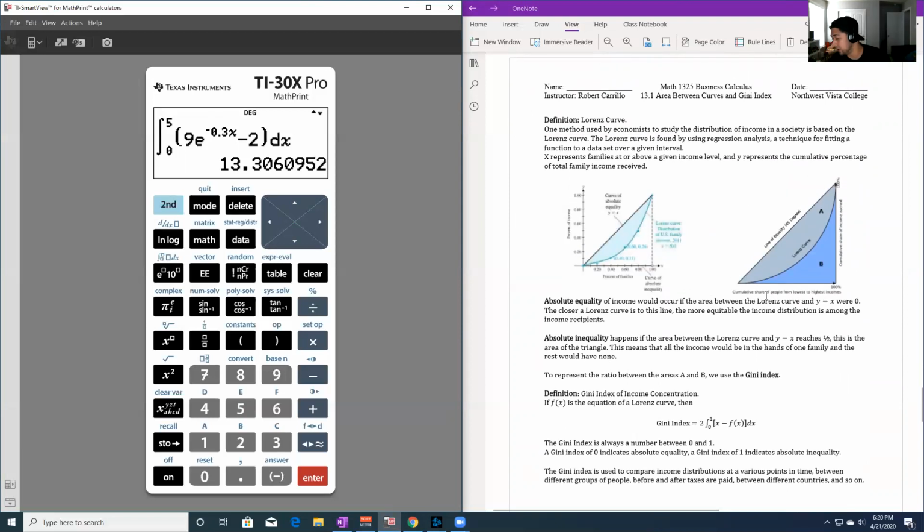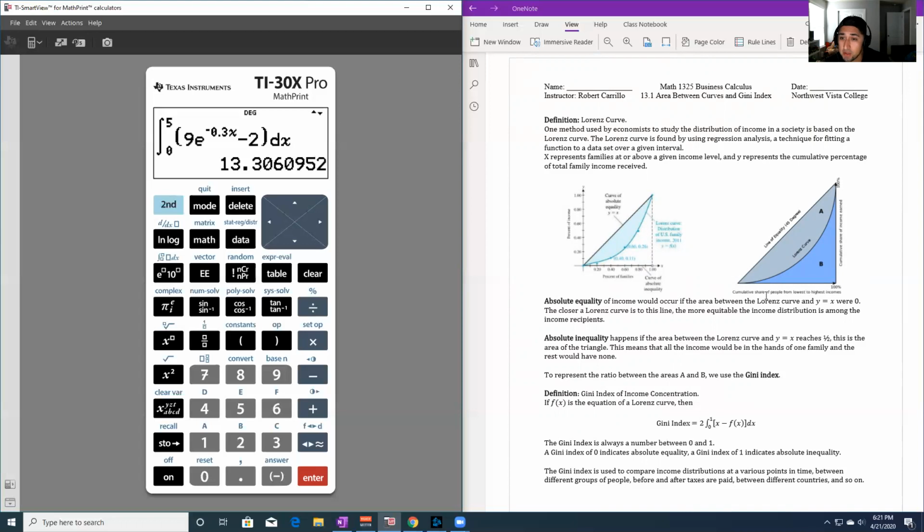More definition. So now we get into the actual Lorenz curve, which is all about absolute equality and inequality, and it's about income. It's about whether income is being equally distributed. One method used by economists to study the distribution of income in a society is based on the Lorenz curve.